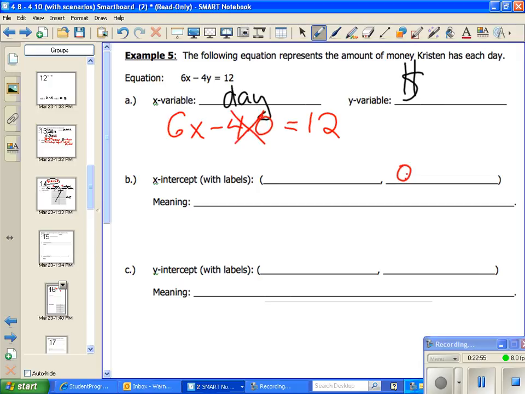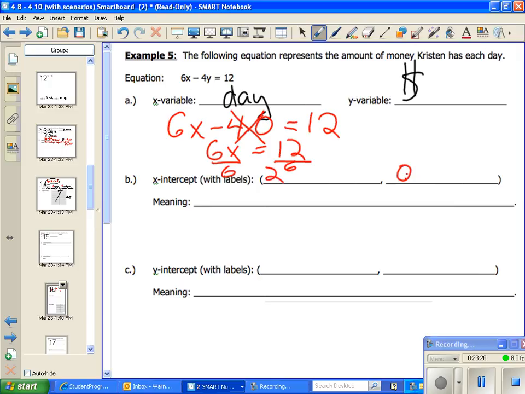The 4 times 0 cancels out, so you're left with 6x equals 12. Okay, so what does x equal then, Brett? No answer. Okay, Molly, what does x equal? Good, x equals 2. Divide everything by 6, so your value is 2.